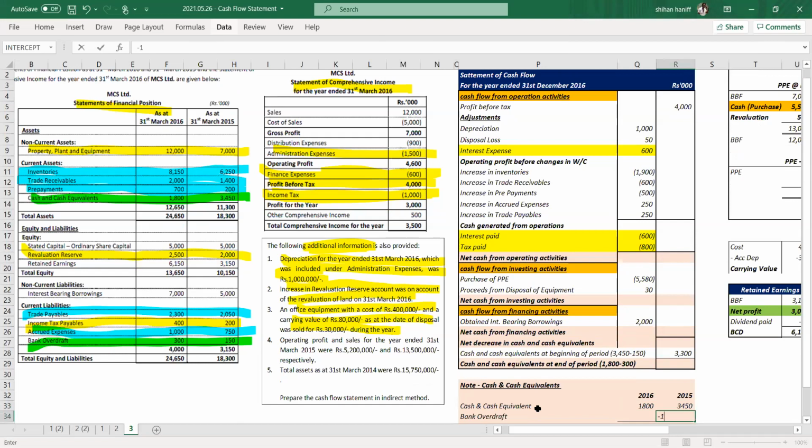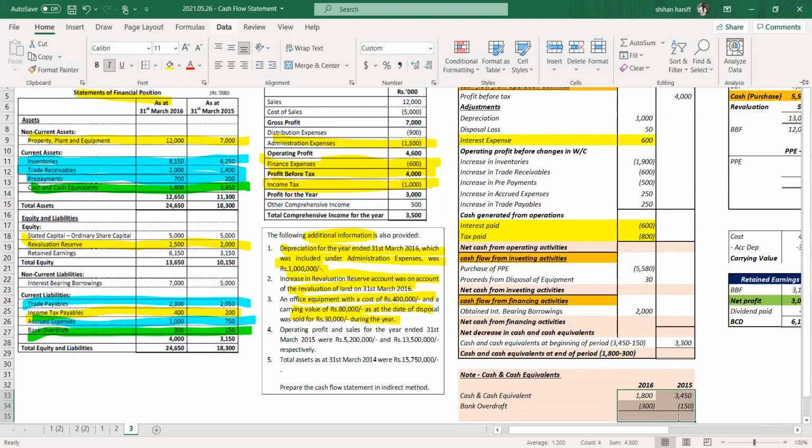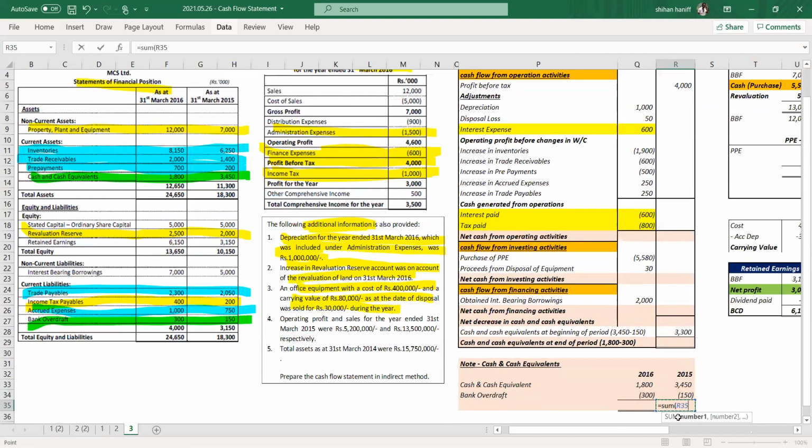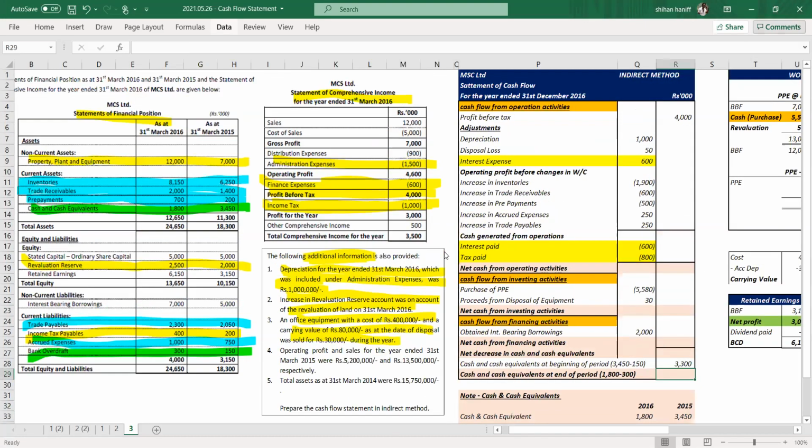Bank overdraft minus 150. Overdraft means it's minus. So this is the balance, opening and closing balances. So 3,300 is the opening balance. 1,500 should be the closing balance. Calculate and see.